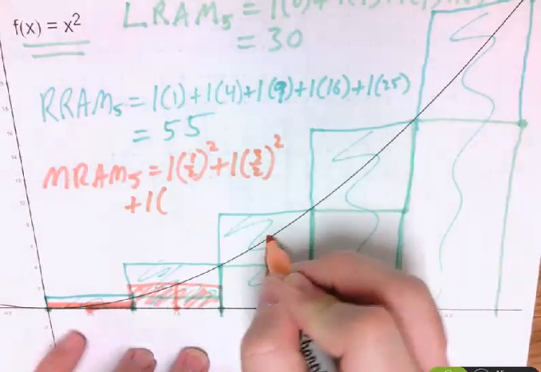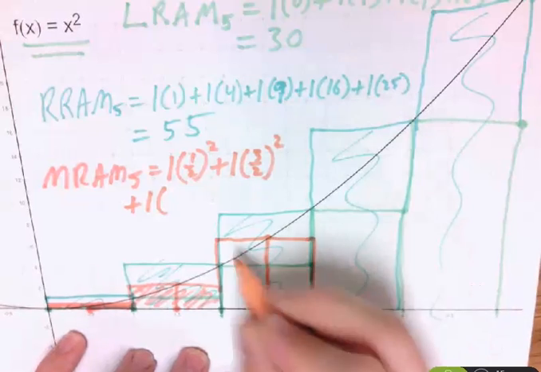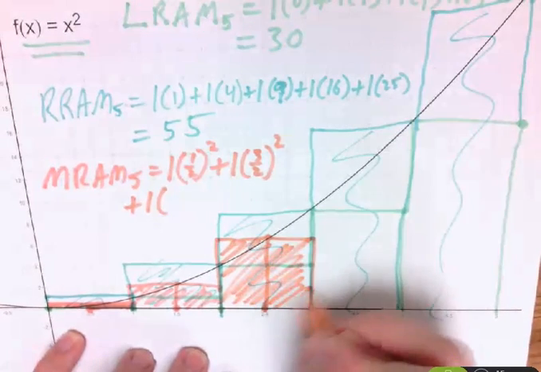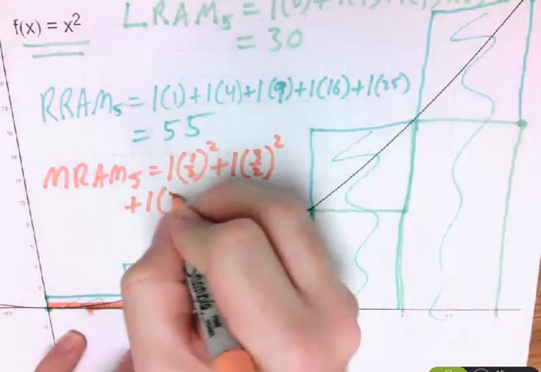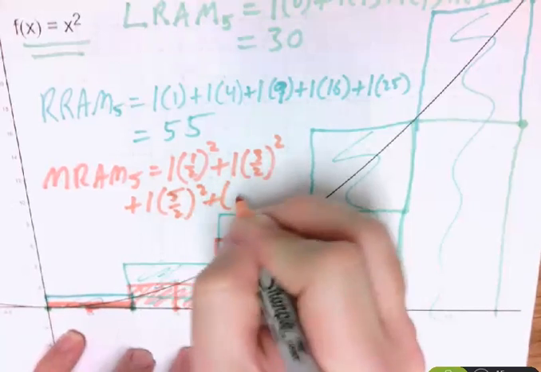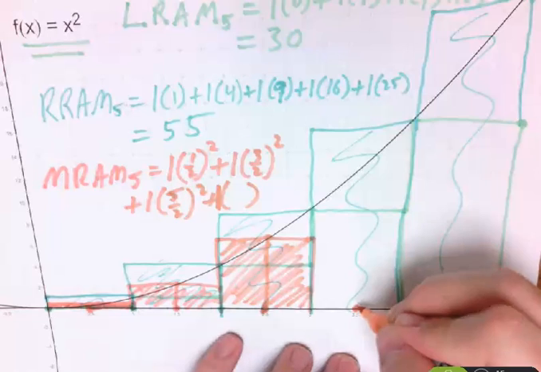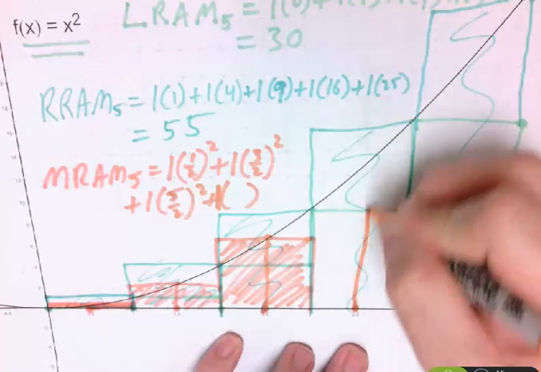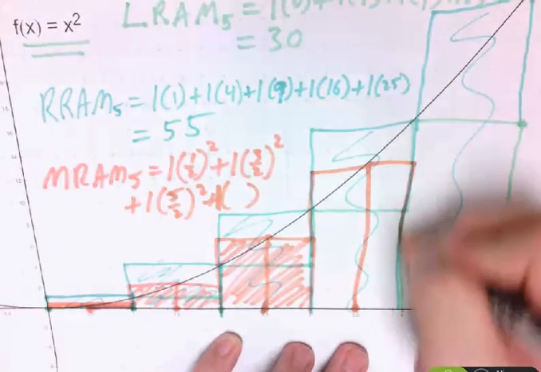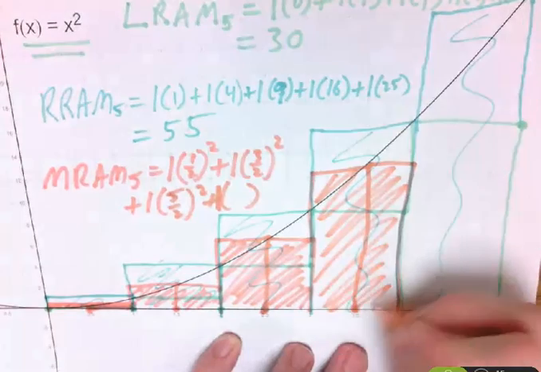So up, over, and down. And there's the next rectangle, using the midpoint. That's 5/2 squared. Plus 1 times, this is going to be what? Let's go up here, over. Right?